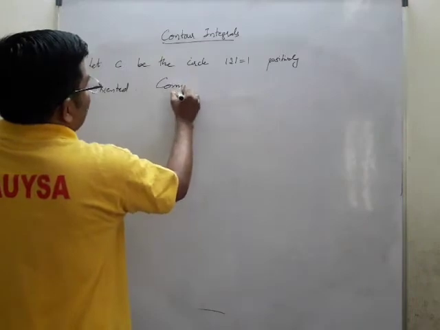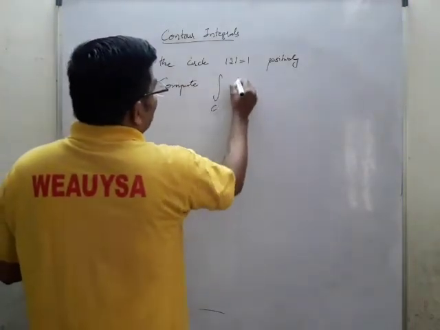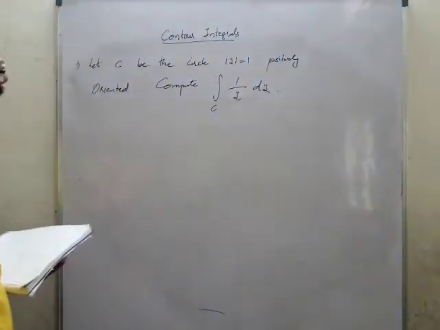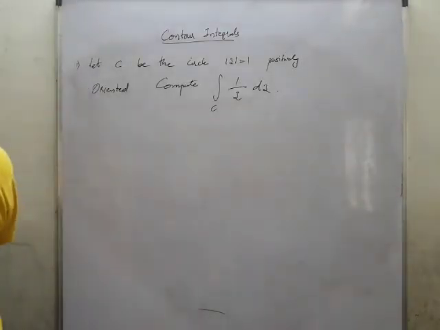Then compute the integral over C of 1 by z dz. Now we need to find out the integral over C of 1 by z dz.